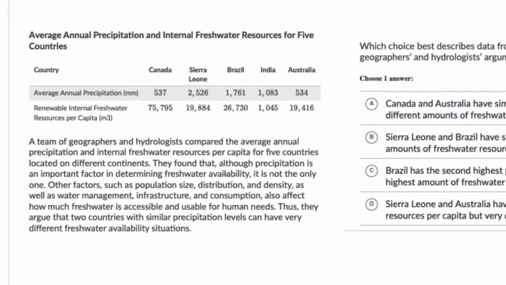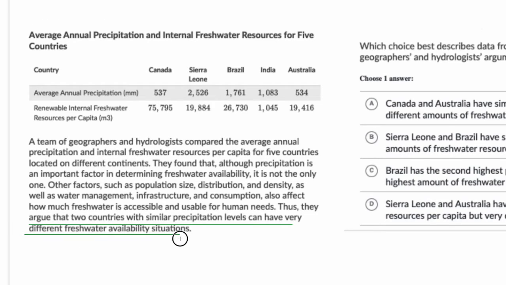Other factors such as population size, distribution, and density, as well as water management, infrastructure, and consumption, also affect how much fresh water is accessible and usable for human needs. Thus, they argue that 2 countries with similar precipitation levels can have very different freshwater availability situations.